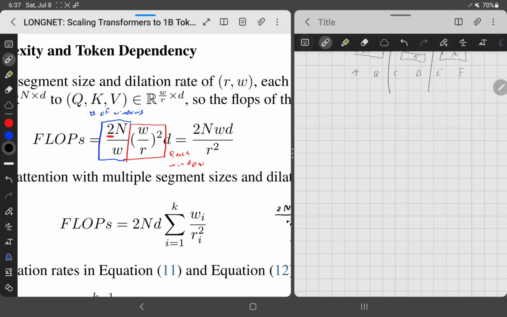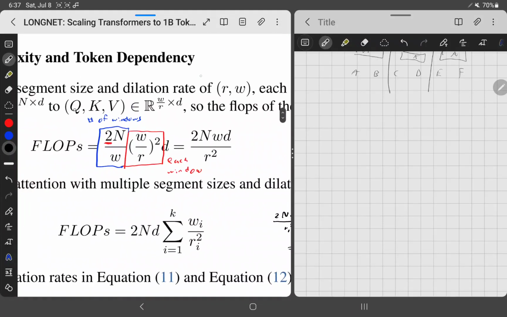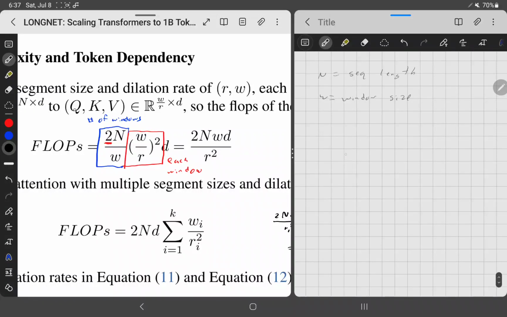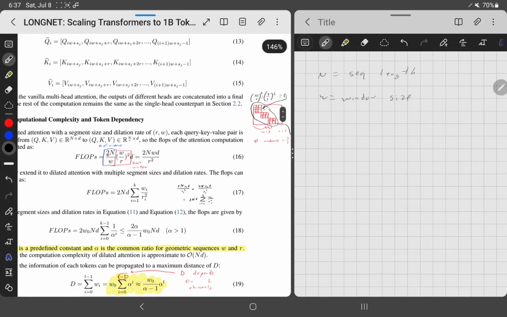The first term is n over w. N is the sequence length, and w is our window size. So say we have a sequence length of 9, then it would look something like this.